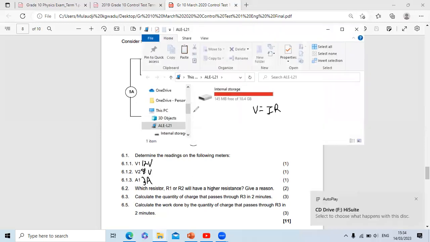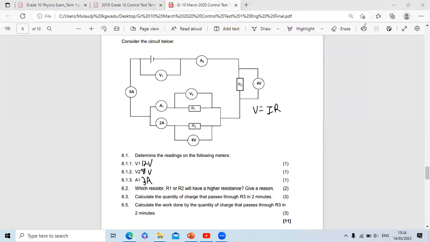So we take what is actually being divided, and in this case, it's our current. So we make current the subject of the formula. We divide both sides by the resistance, and we end up with V over R.